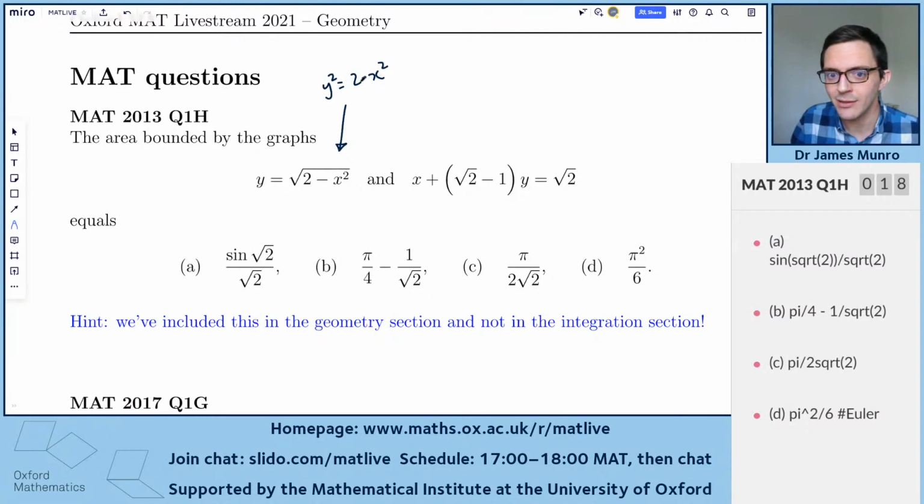It's not quite all of the circle. Doesn't actually matter for this question, but it's not quite all of the circle because this square root thing is only positive, so it's just the top half of the circle. That turns out to not really matter for the question, but never mind. Okay, so this is one of the graphs, this semicircle that goes, I guess, from minus root 2 up to root 2. Cool.